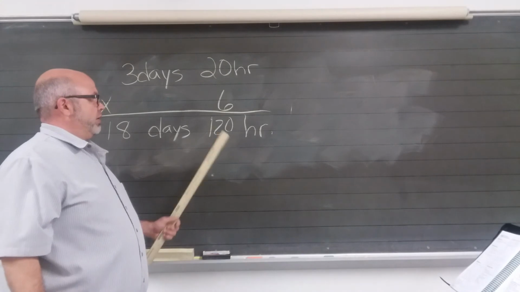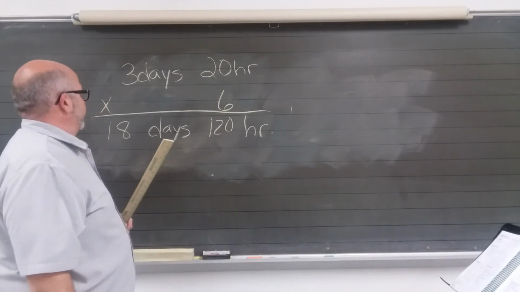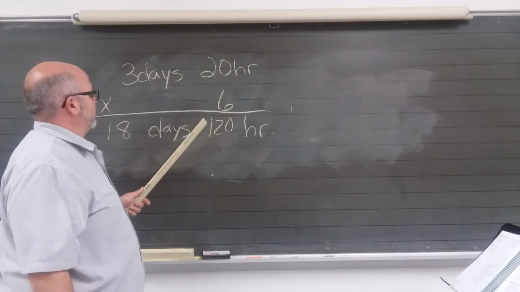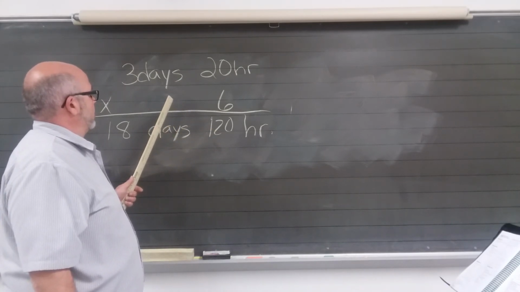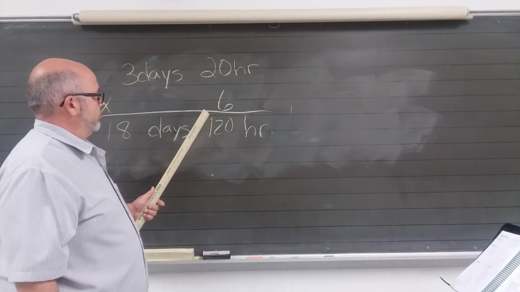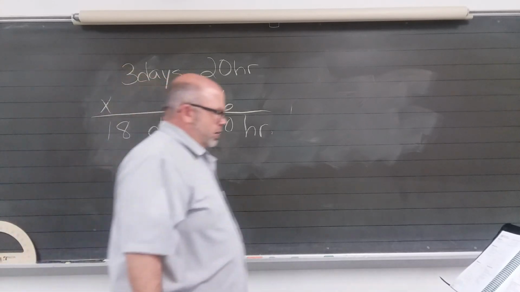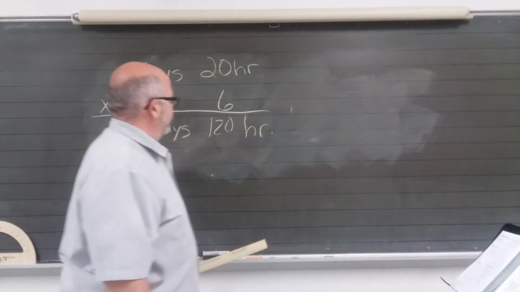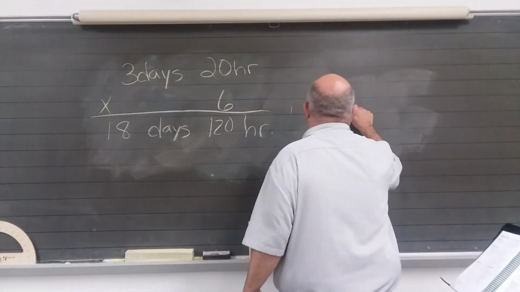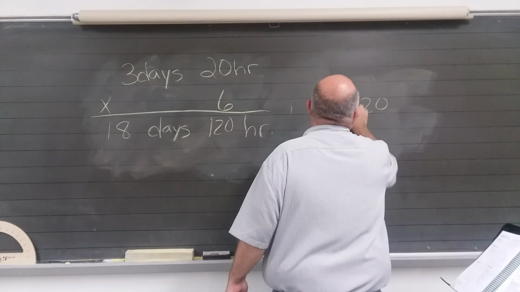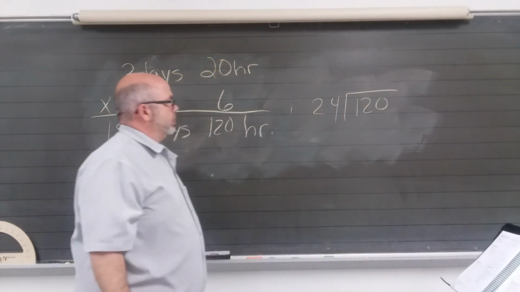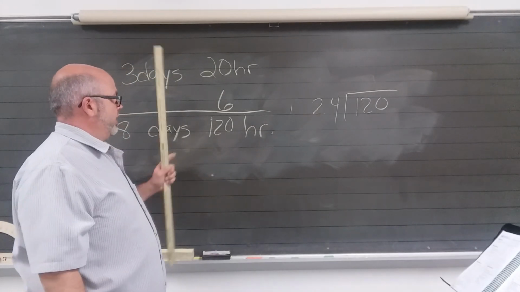All right? Take 120 hours divided by, what do we got, days and hours? Divided by how many hours in a day? 24 hours in one day.